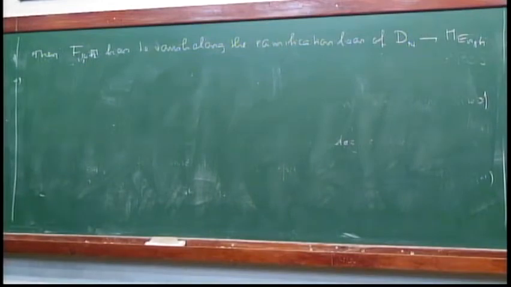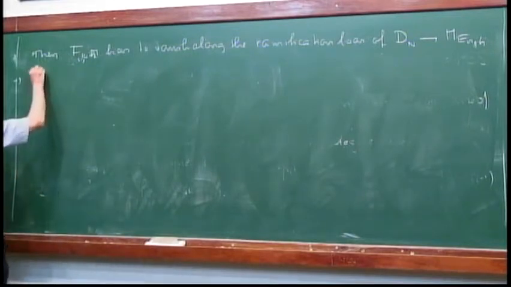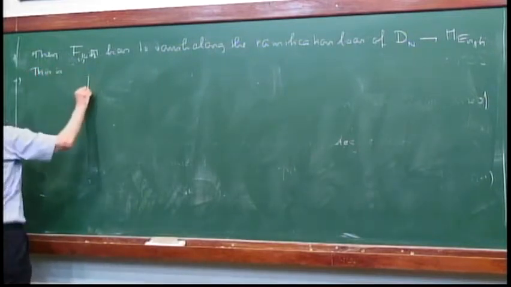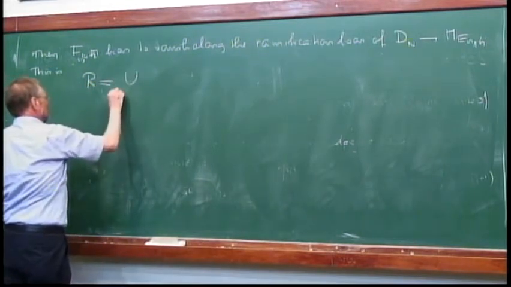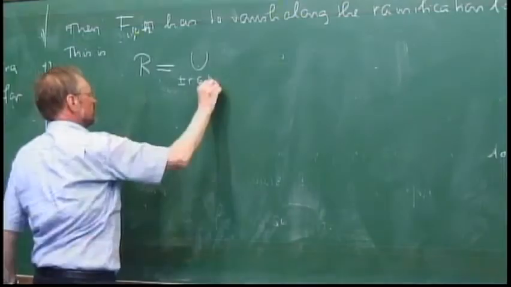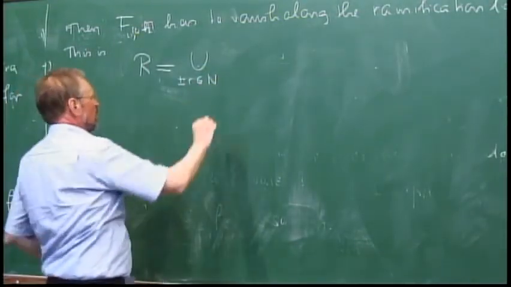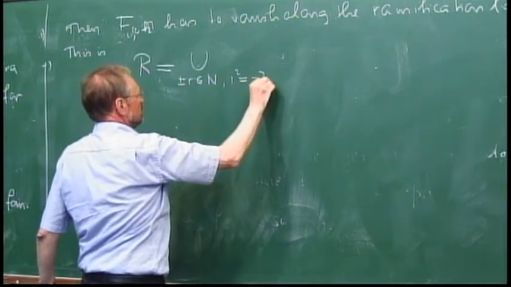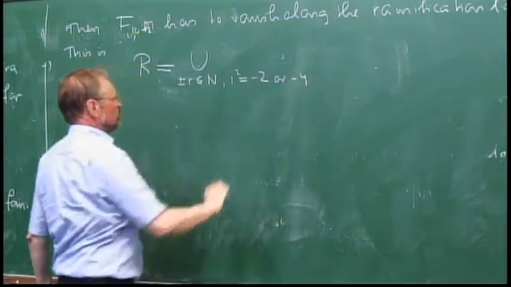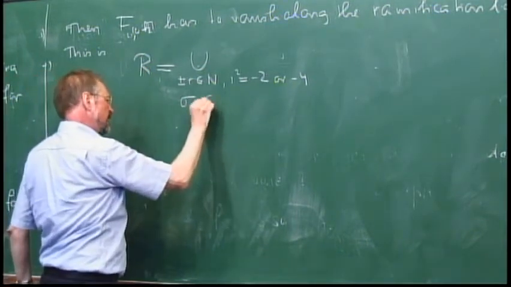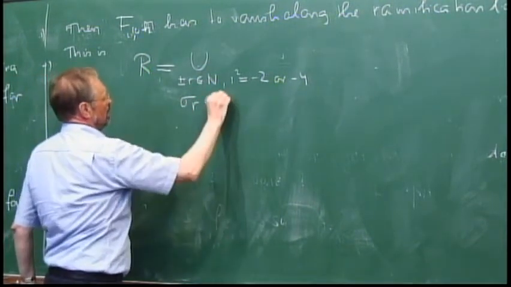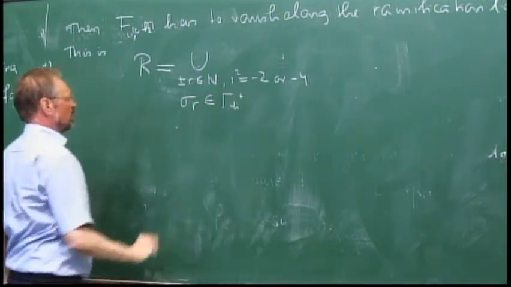And one part of that branch locus is, okay, now let me write it this way. I can write this down explicitly, R, which is the union taken over all plus minus r in N with the property that r has degree -2 or -4, and that the reflection generated by r is in the group Gamma plus.